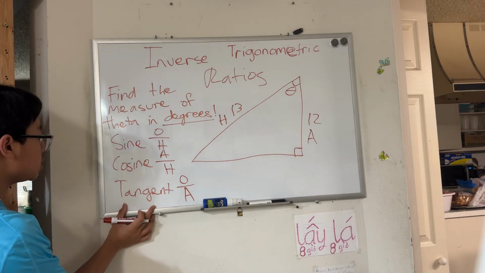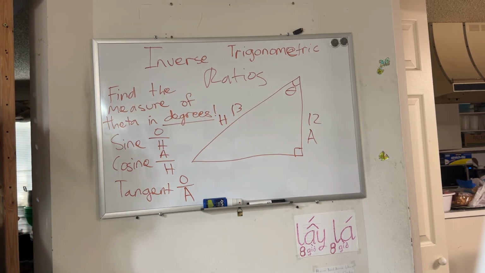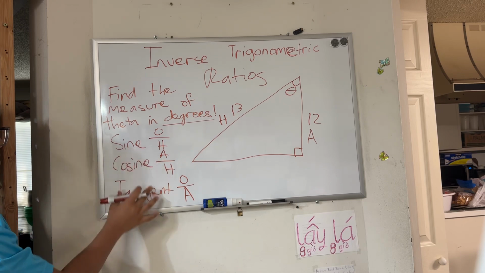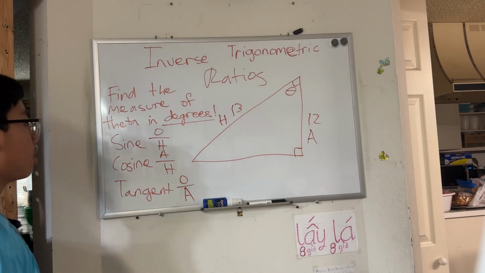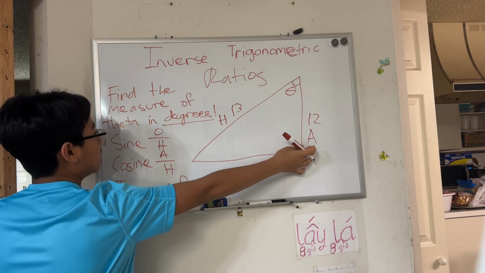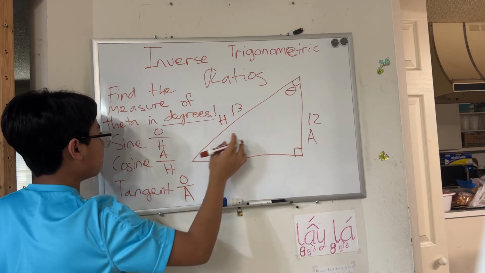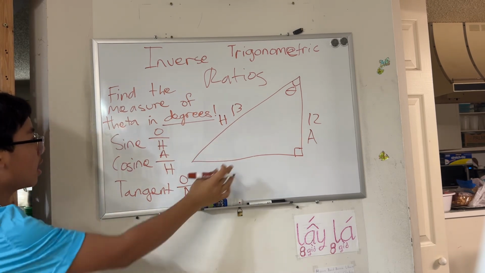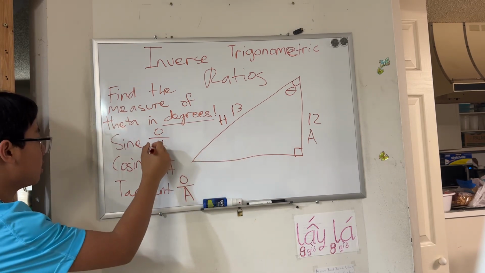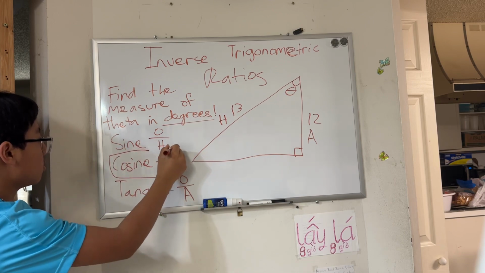With these ratios in mind, we can see which best fits the context of the problem. We have the adjacent side length given, and we have the hypotenuse given. So adjacent and hypotenuse tells us we are going to use cosine.